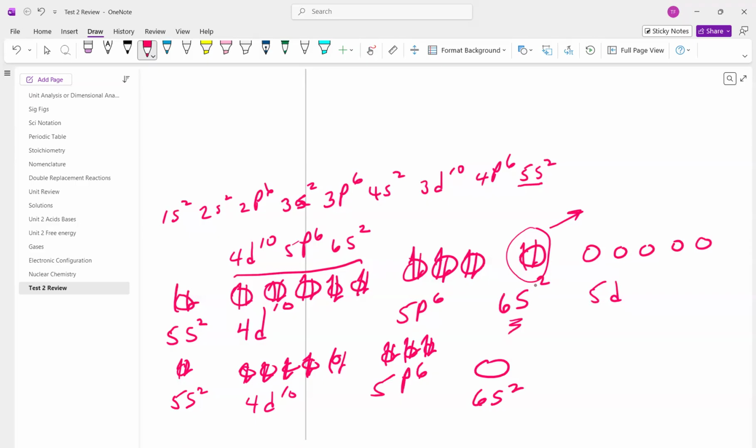So barium plus 2 is very stable. If you were to go out into nature and try to find barium metal, you would not be able to find it. You find lots of barium oxide.